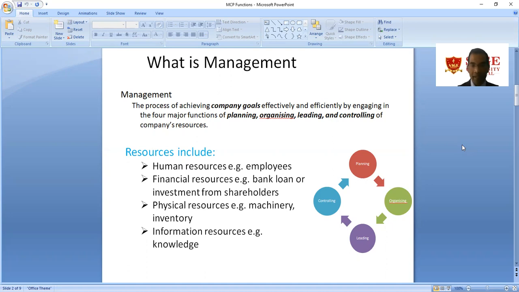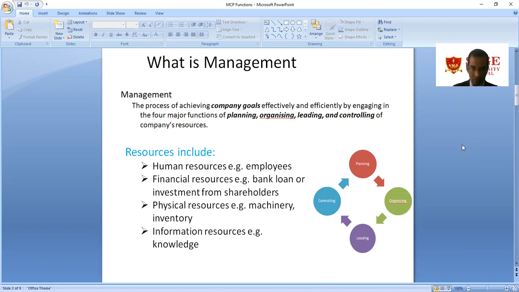Then we organize accordingly, meaning the distribution of roles: who will do what and when. Someone will lead, and we will appoint personnel for controlling these things. These are what we use in management functioning.